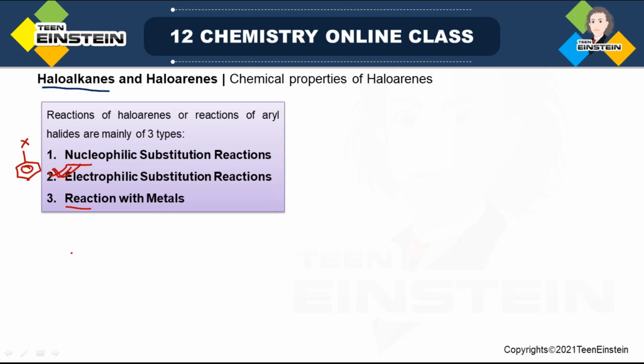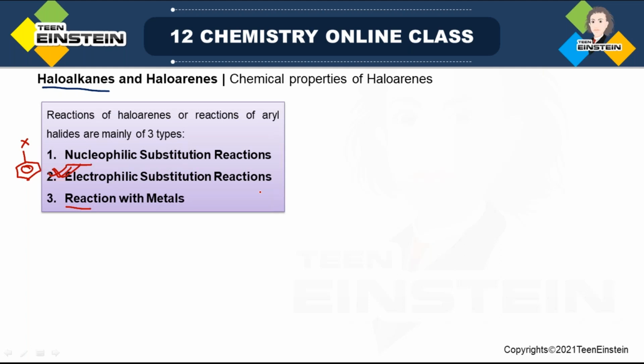So only under drastic condition or some special cases, this reaction is possible. Otherwise, for haloarenes, that is aromatic halide compound, you will hardly see nucleophilic substitution reaction example. But electrophilic substitution, that is very, very common. Now the question arises here, why electrophilic substitution is so common, but nucleophilic substitution is not so common?